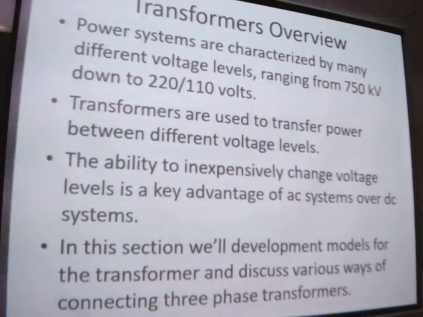So it will be the main advantage, one of the benefits of using the AC systems rather than the DC systems. And so what we're going to do is develop the model of the transformers and the wire in per unit, okay, for this lecture.